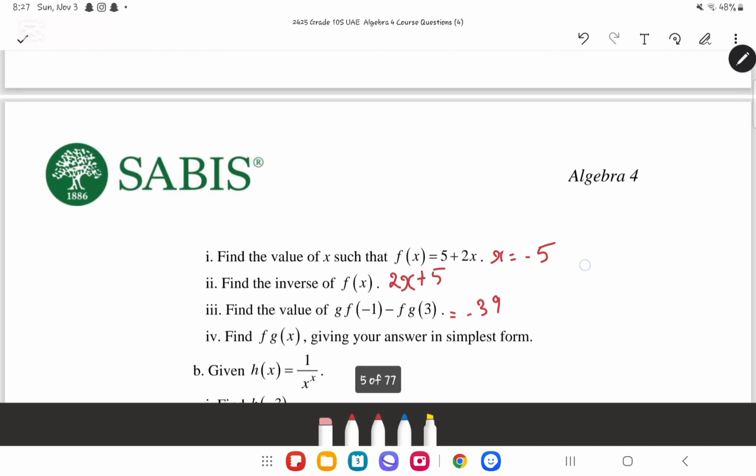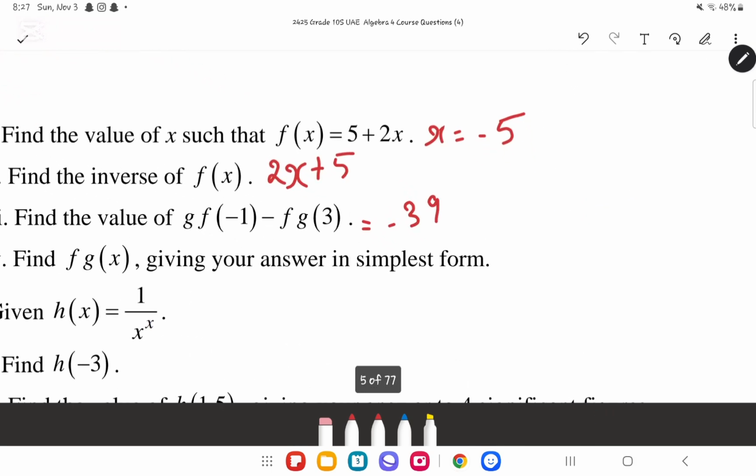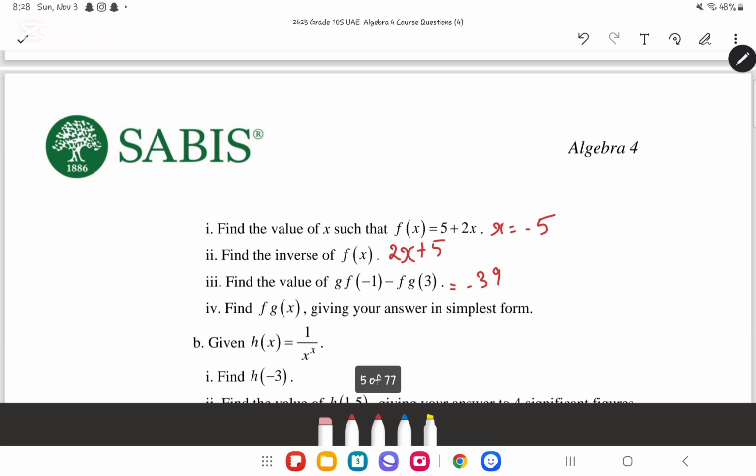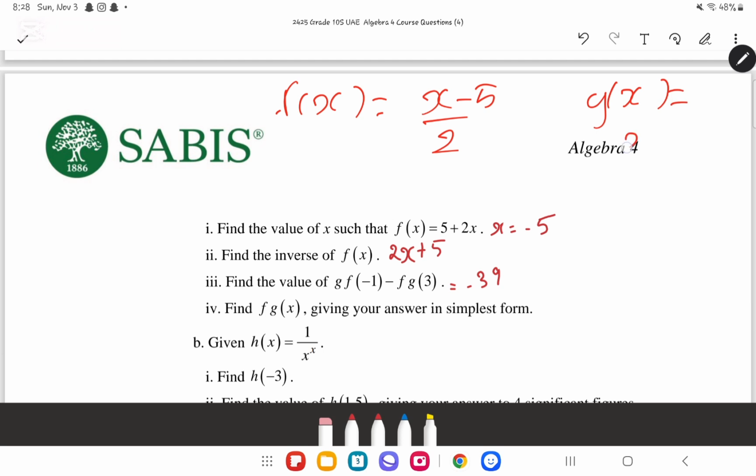Part 4, find f of g of x, giving your answer in simplest form. So we have fx is (x minus 5) over 2, and gx is x to the power of 3 minus 2. What we need to do is substitute x into g and gx into f. Thankfully, they already substituted x into g for us, so all we need to do is substitute this over here.